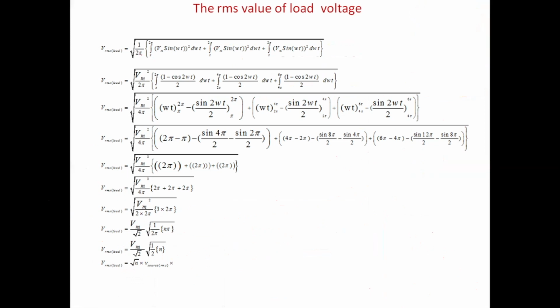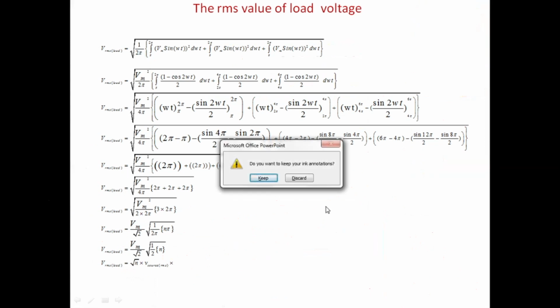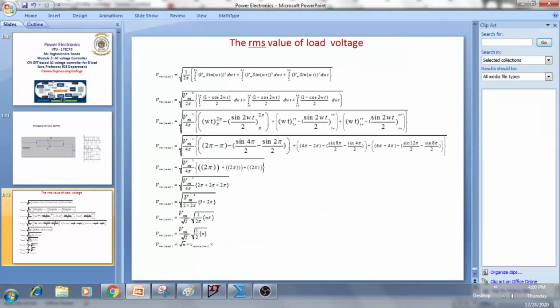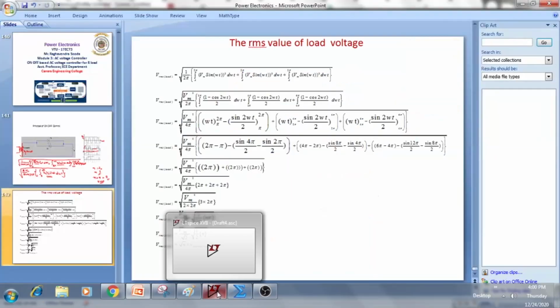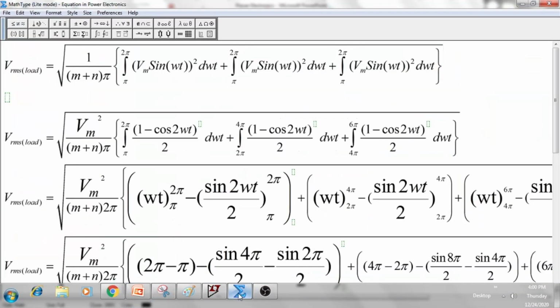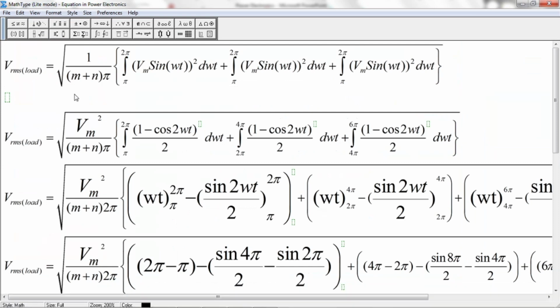So 1 by 2 pi, I should rewrite like this, m pi to 2 pi Vm sin omega t d omega t.